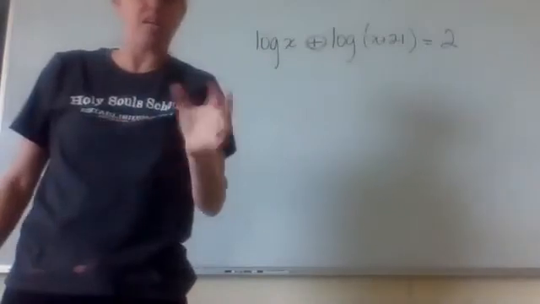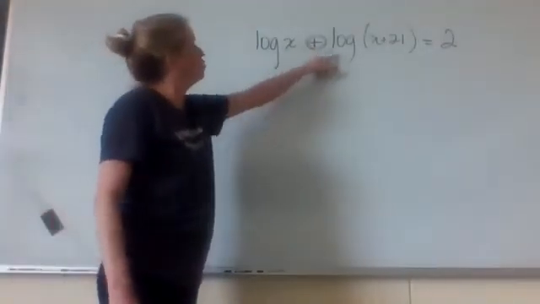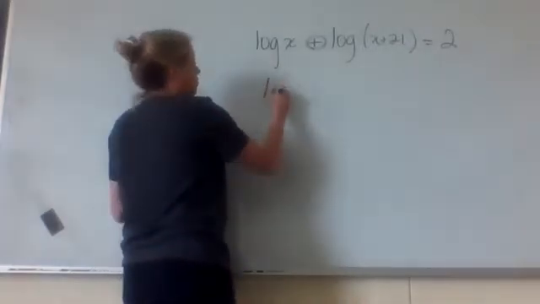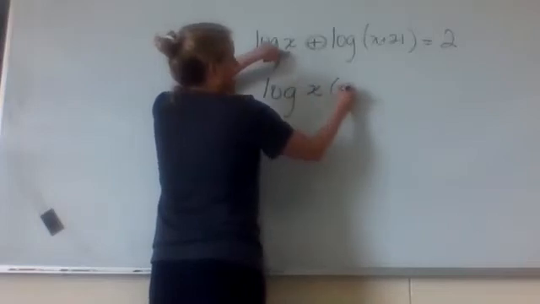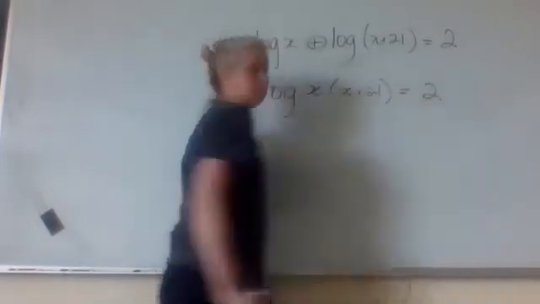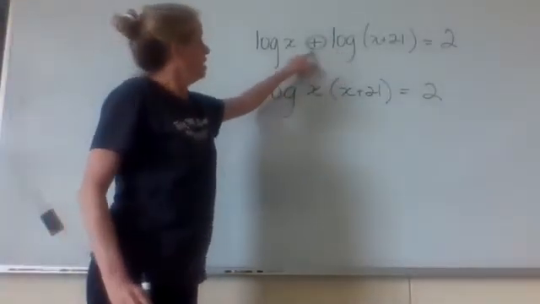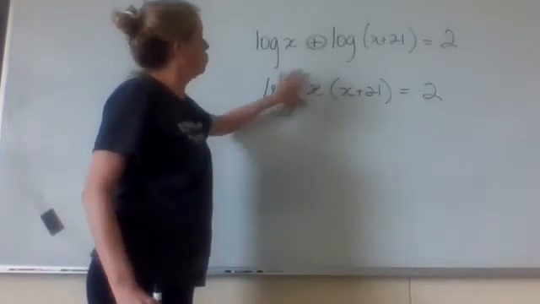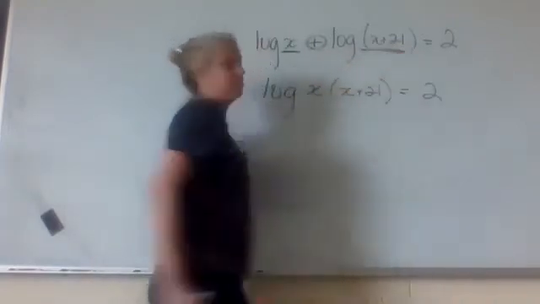That's what that property is. That's what switches back and forth: the sum of 2 logs can be rewritten as 1 log with the x times x plus 21. So if you have 2 logs and it's a plus in the middle, rewrite it as 1 log and multiply the 2 things you're taking the logs of.